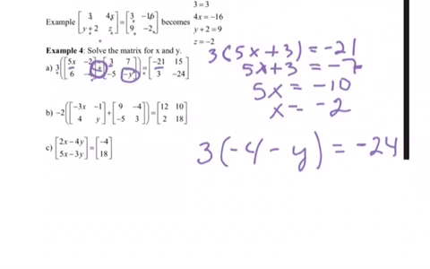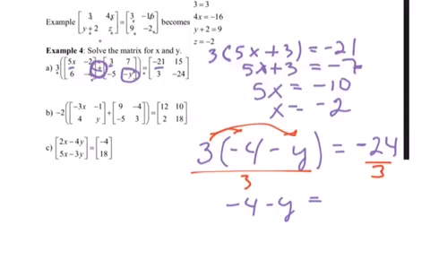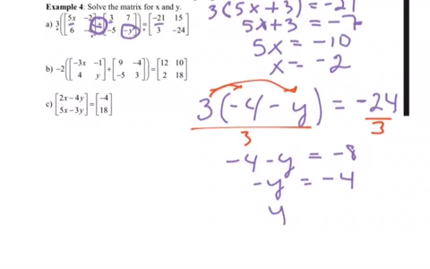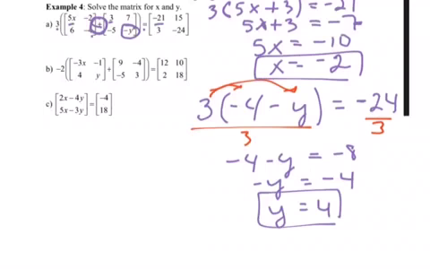So again, I can either carry the 3 through, or I can just go ahead and divide both sides by 3, which I think is what I'm going to do. So it's going to give me negative 4 minus y is equal to negative 8. Add the 4 to both sides, and then divide by negative 1. So I get x is negative 2, and I get y equals 4 for this particular one. Okay, I want you to try B.